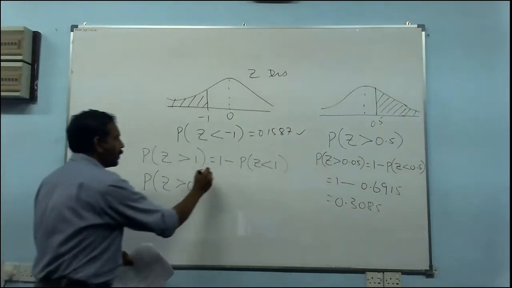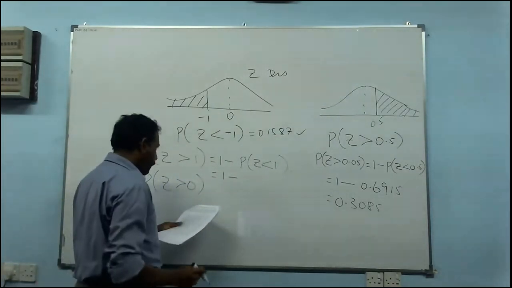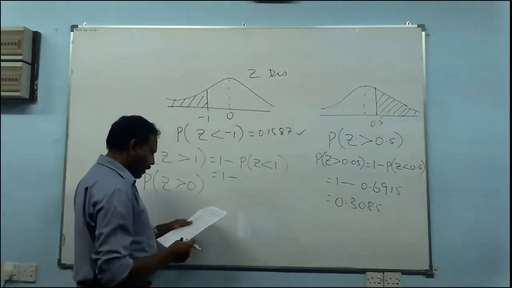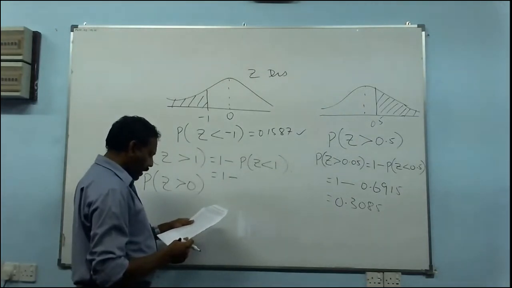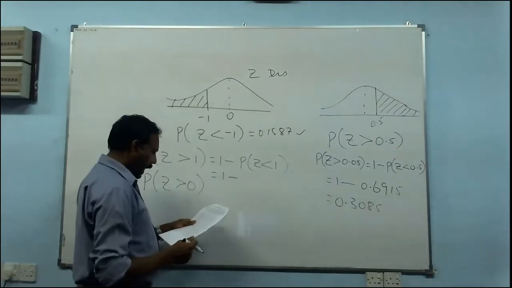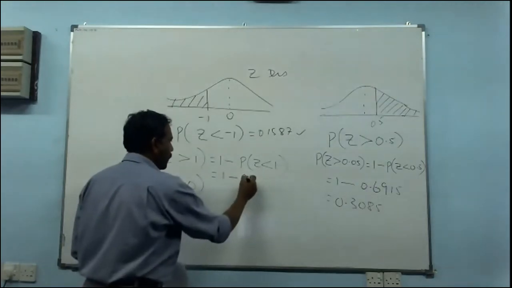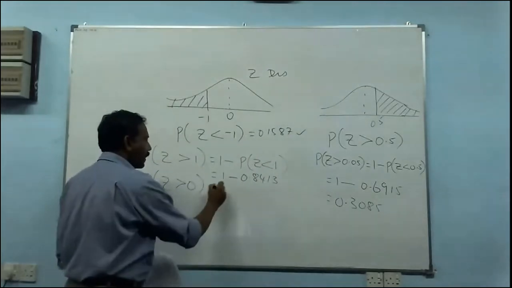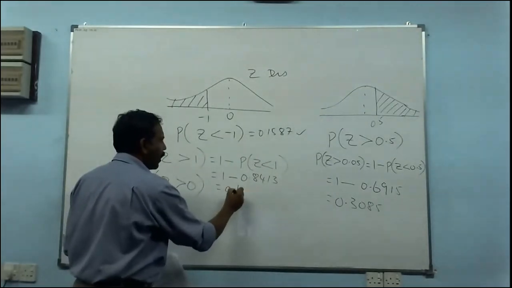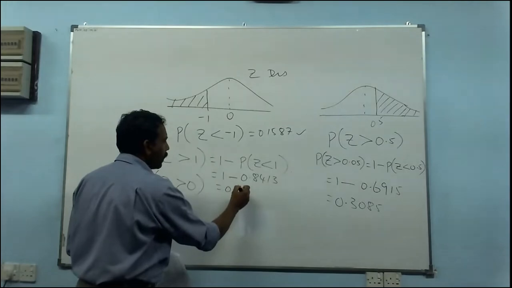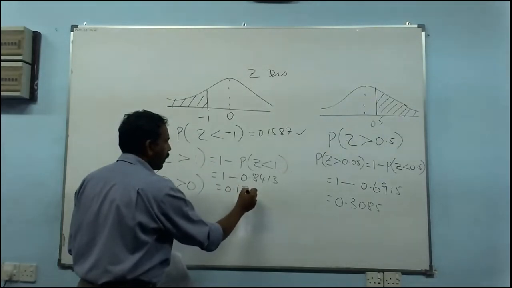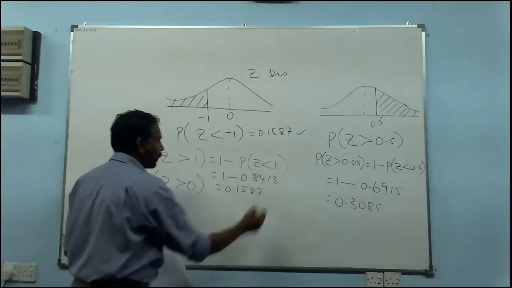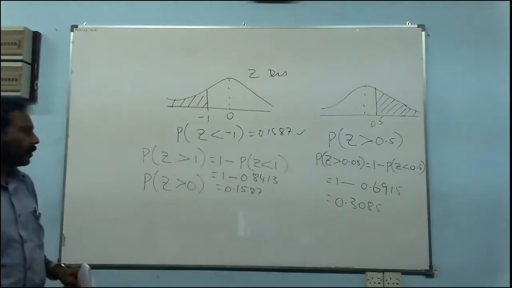So what is that answer? 1 minus 0.841, so we get the answer here, which is 0.159.